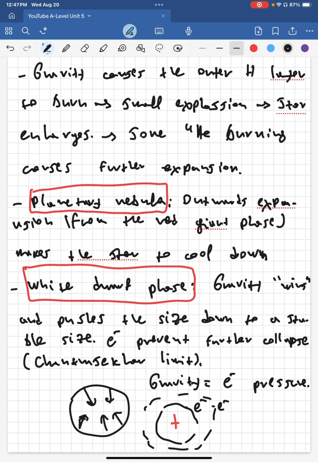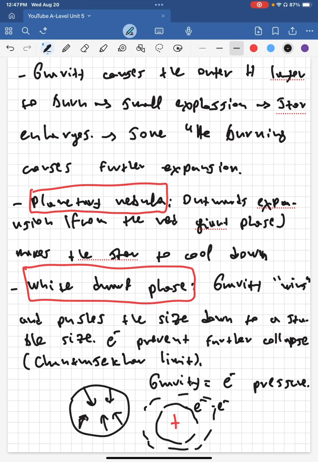Did we ever mention this? The general idea is that no 2 electrons can occupy the same orbital. Okay, this is something you probably know from chemistry as well, and because of that, a pressure is created by the electrons that prevents the total collapse of the star into a point.